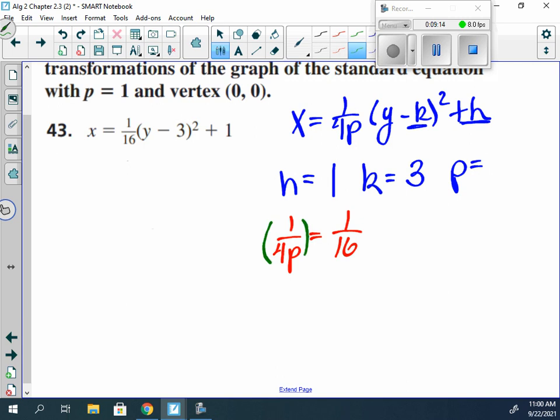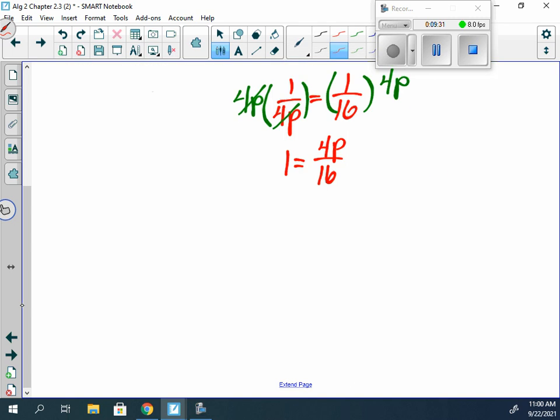Well, at this point here, we can multiply both sides by 4p. 4p and 4p will cancel out, leaving us with 1 is equal to 4p/16. Well, 4/16 is the same as p/4. So we multiply both sides by 4, telling us that p is equal to 4.